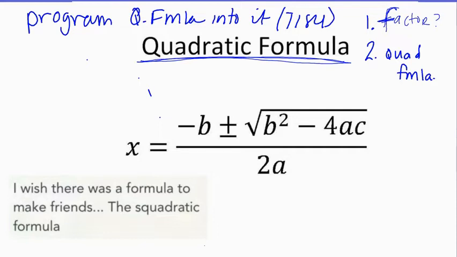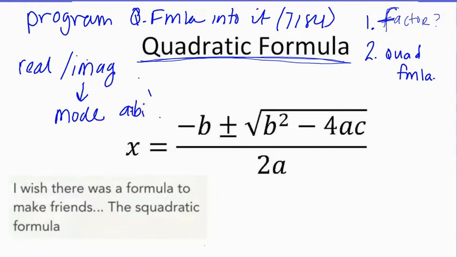The quadratic formula will give you both real and non-real answers. So if you want your calculator to give you the non-real answers, make sure that in the mode you have the a plus bi mode on. You want it to give you those complex answers. For some of you, you may need to do a little Googling, but make sure that it's in that mode.